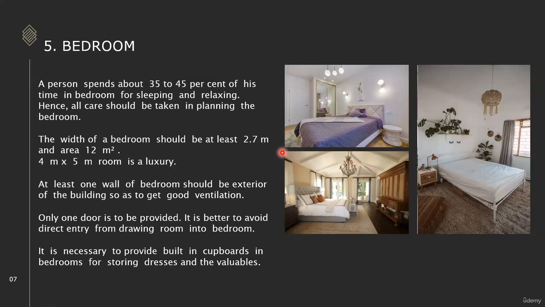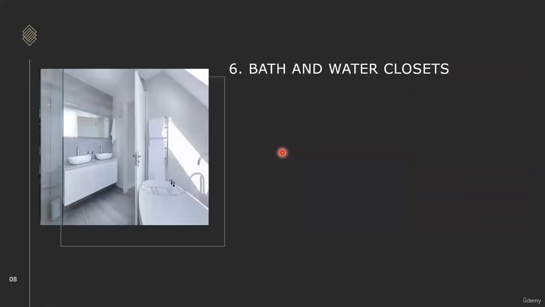We need to provide doors and windows, and at the same time it should have good ventilation and good light also. So keep these things in mind while planning the bedrooms. Privacy is important while planning the bedroom.